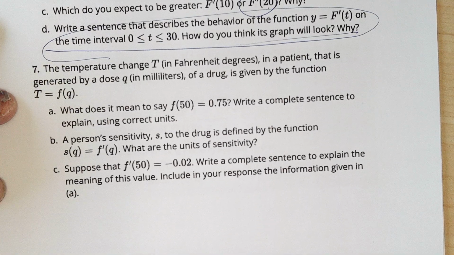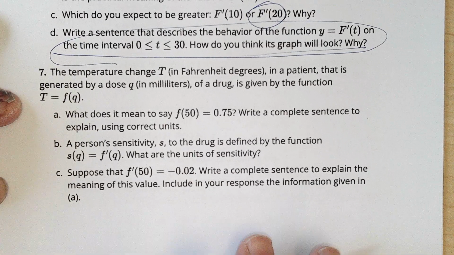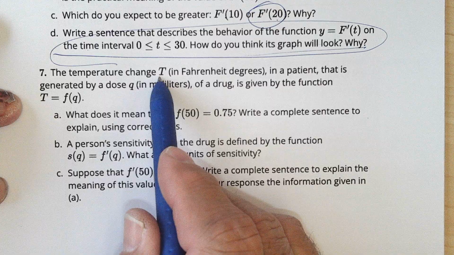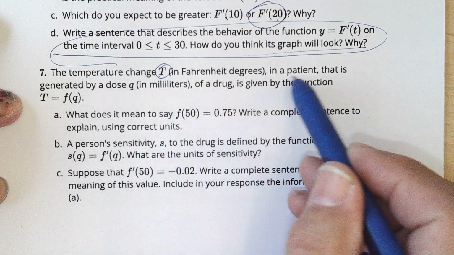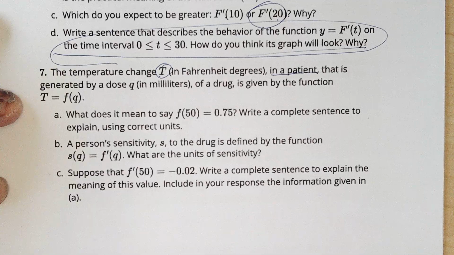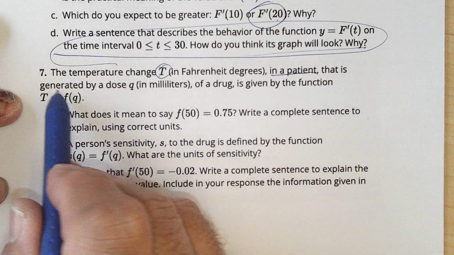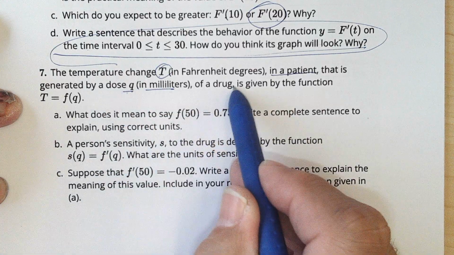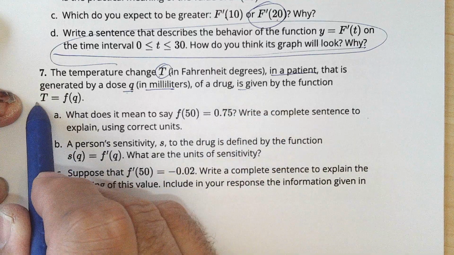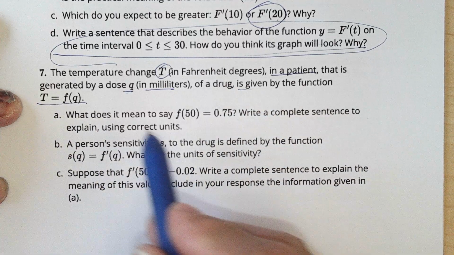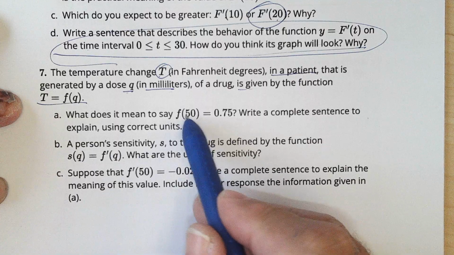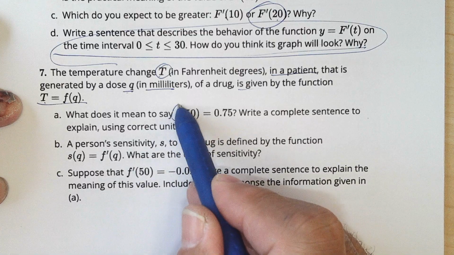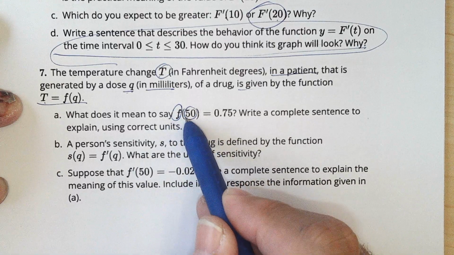Okay, number 7. So the temperature in a patient, so this is the patient's temperature. It's scary that it's going to be changing, but if they give them Q amount of milliliters, some quantity of some drug, is given by some statement. And so this is saying T is F, so this is the temperature, and this is the milliliters of drug.